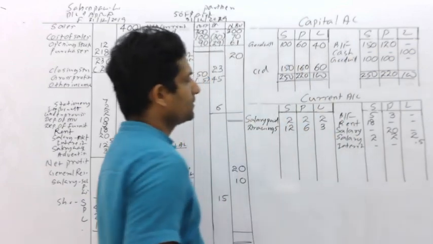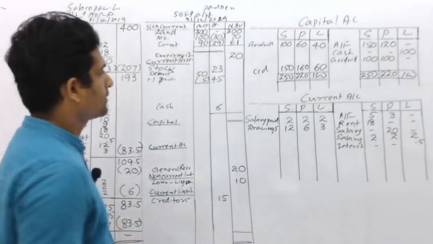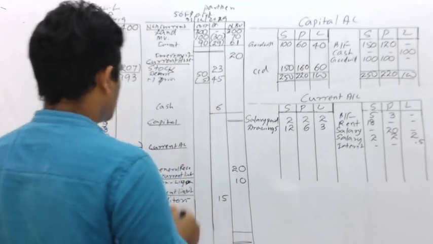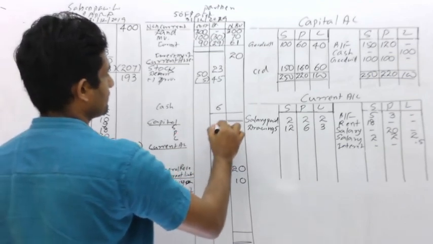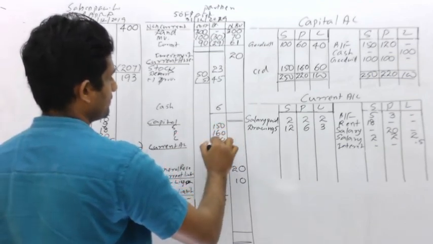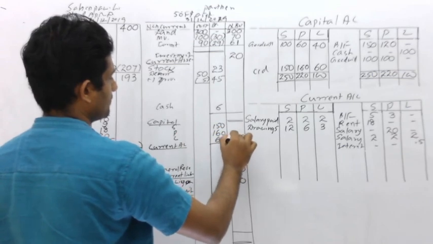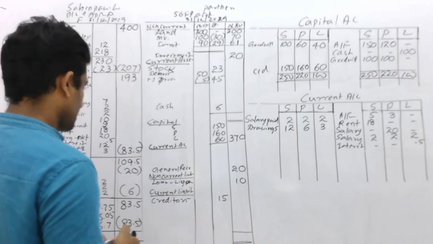These are the capital balances, right? Sahan, Pawan and Leo. He also has to take this.